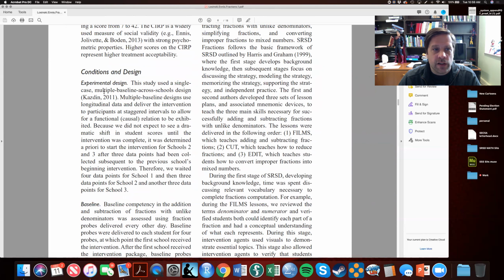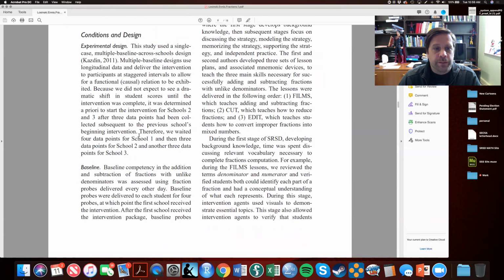In this study, we used a single case design. I describe what it is, and again, I cite someone, describe what it is and how we used it. Baseline would also be a control condition. In order to run an experiment correctly, or at least well, we need some sort of control group.